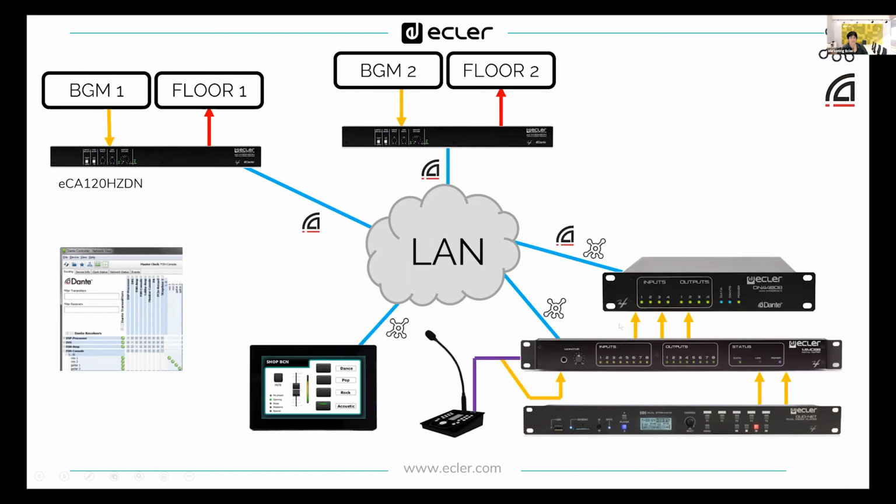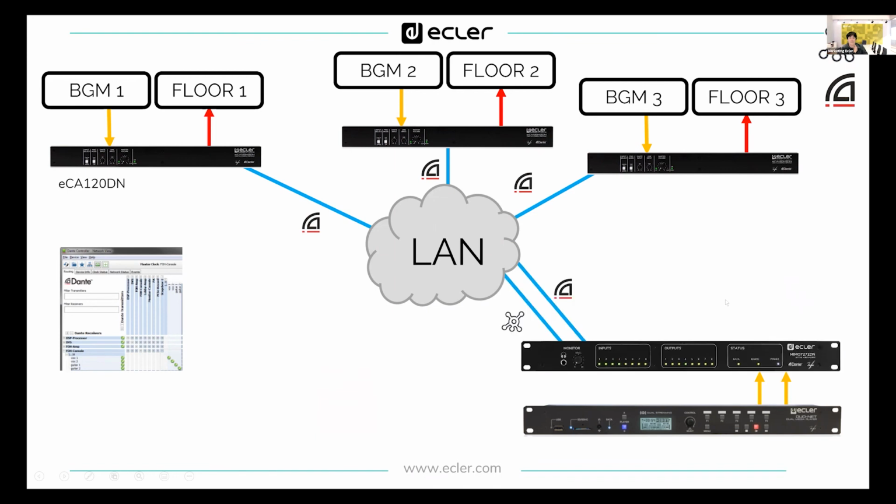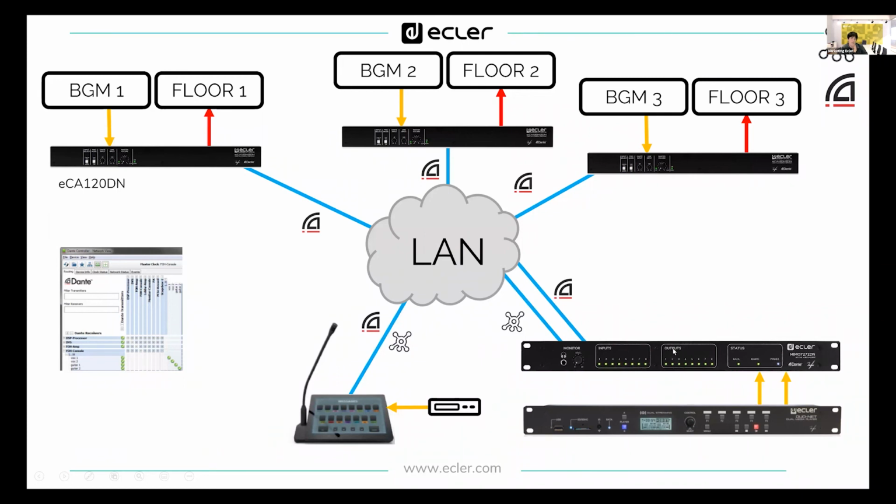If you have 5 floors, you run out of inputs and outputs in the Bob, so you will need another Bob, another device you have to buy. In this case, you can add lots of floors and you will not have to add any Bob. So this solution is more scalable.